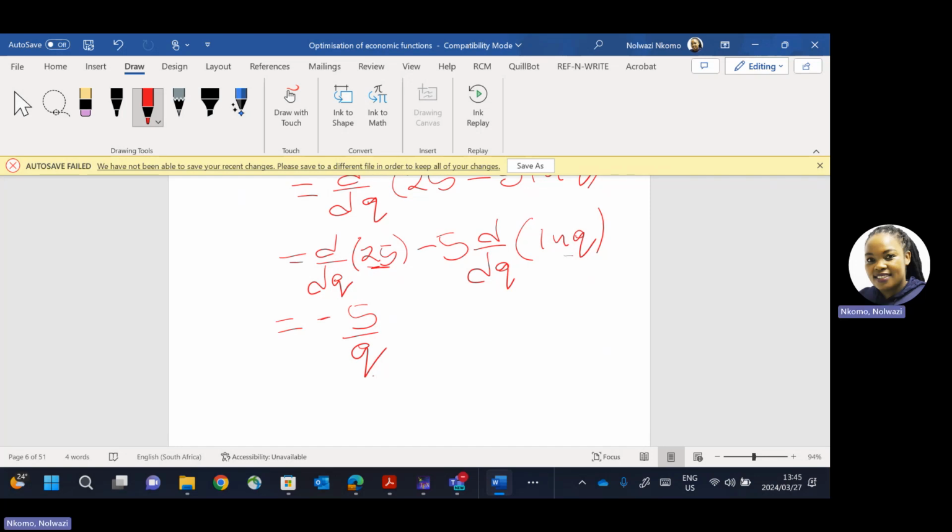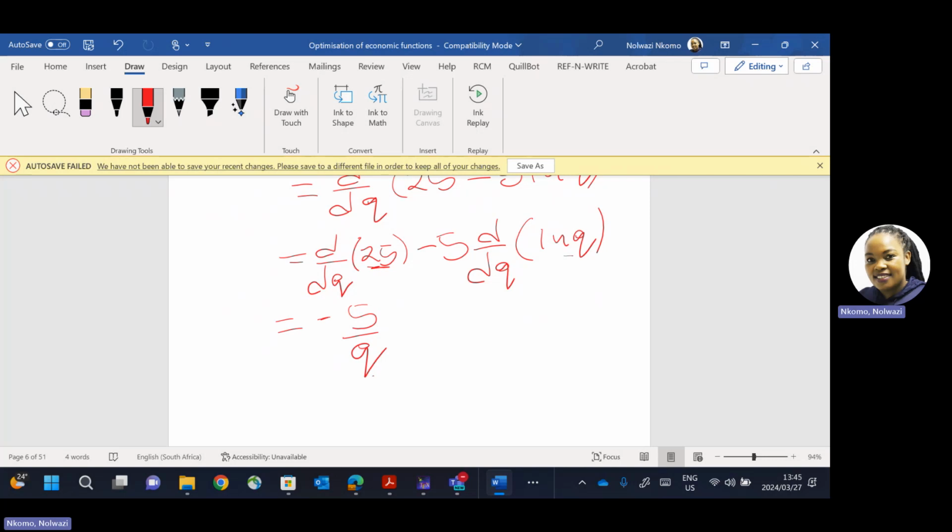For all Q greater than 0, the marginal revenue is decreasing. Remember, if the second derivative of the total revenue is less than 0, this implies that we have a maximum point, right? We have the maximum point if the second derivative is less than 0.